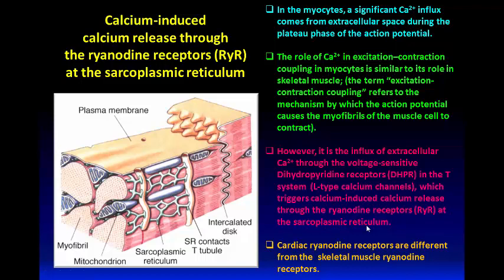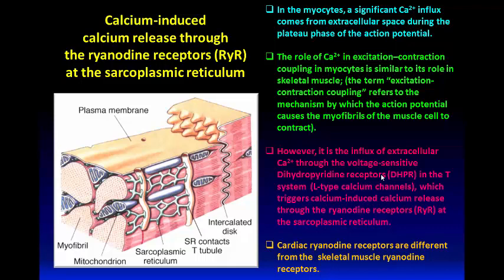So in the transverse tubular system, we have voltage-gated calcium channels, which we call L-type calcium channels. We also call these L-type calcium channels dihydropyridine receptors, because dihydropyridine can bind to these receptors and block these calcium channels.